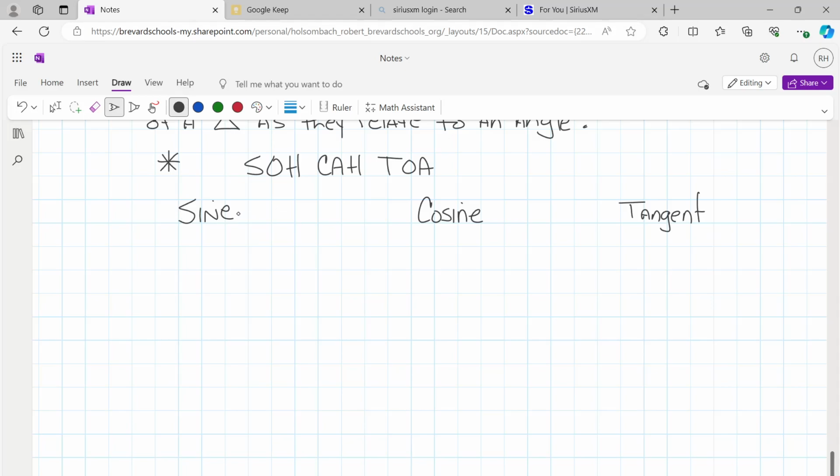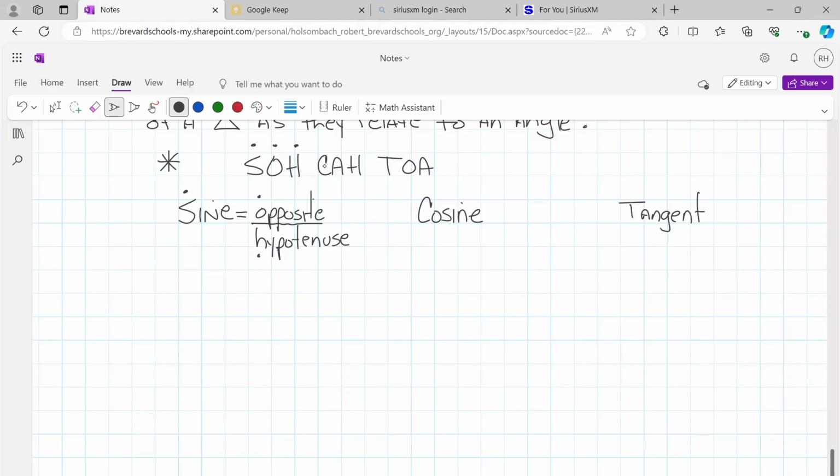And the sine of an angle is equal to its opposite side over the hypotenuse. That's where the S, the O, and the H come from in the acronym. Sine equals opposite over hypotenuse.